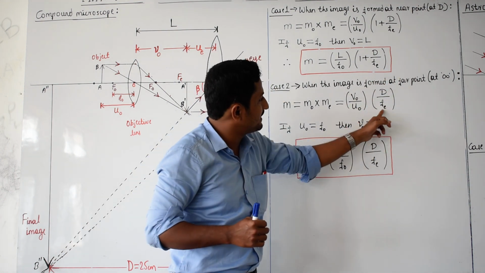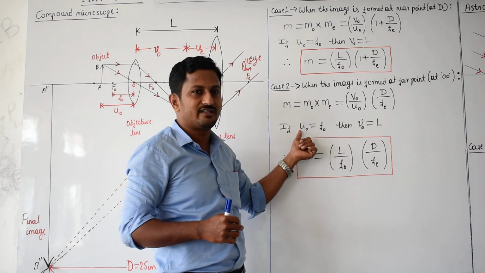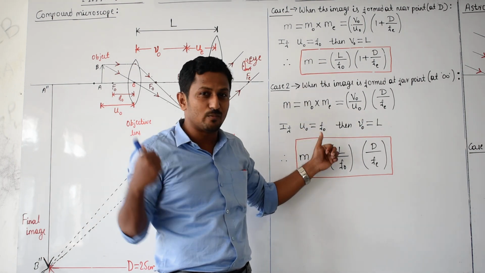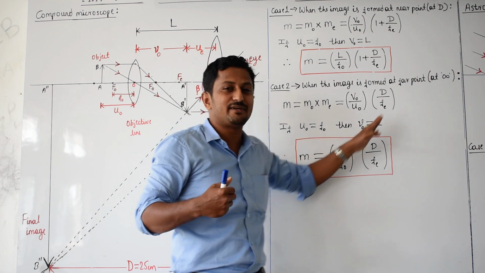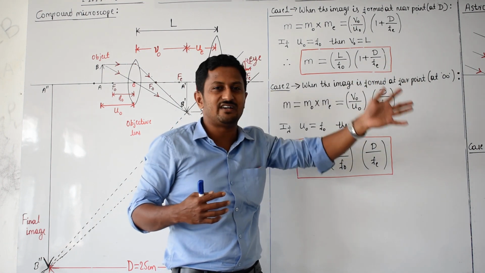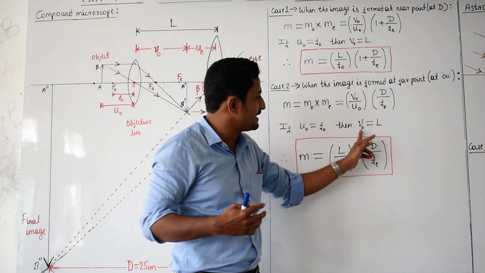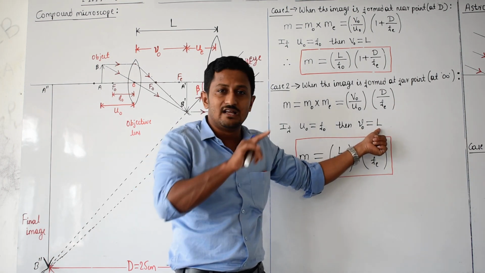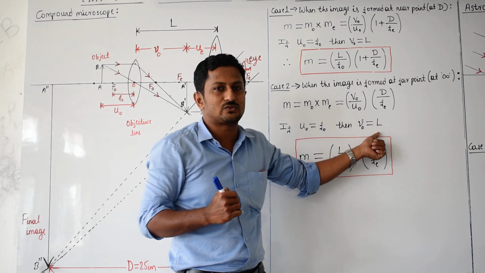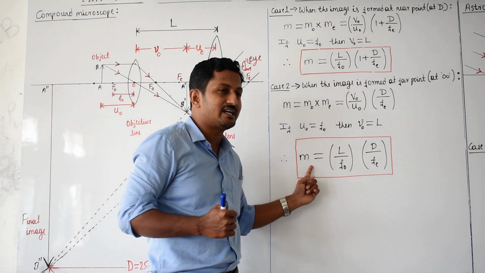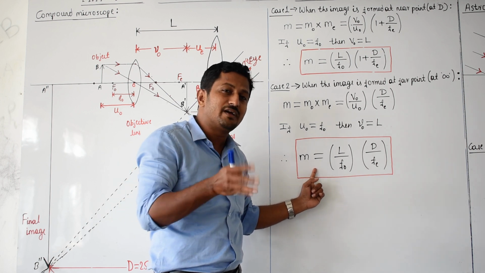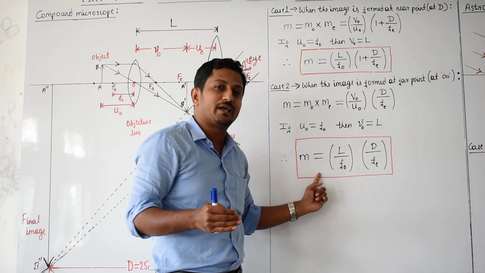Then again the same analysis we did. If the object for the objective lens is at its principal focus point, then the image is going to be produced at infinity. At that time, the image distance we treat as the length of the compound microscope. Then substitute these values over here, and you will get the magnifying power of the compound microscope.